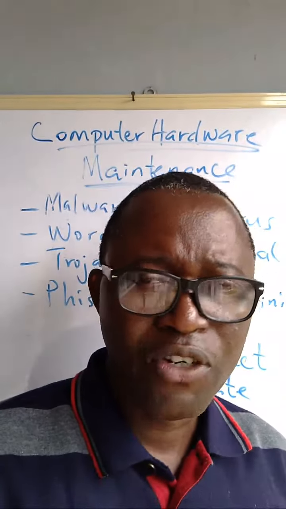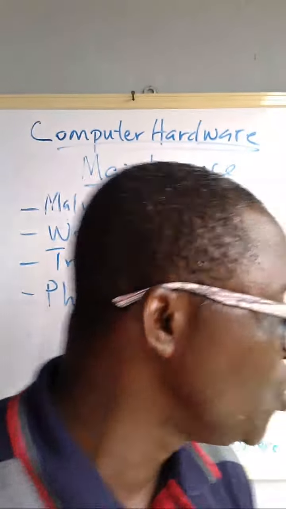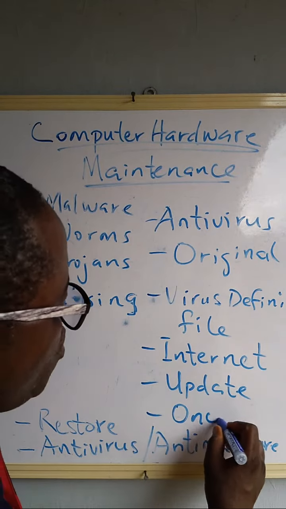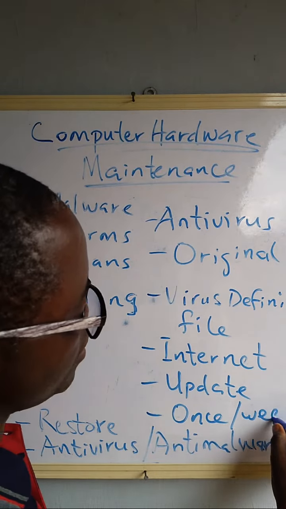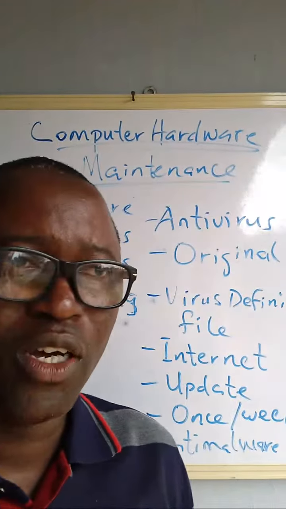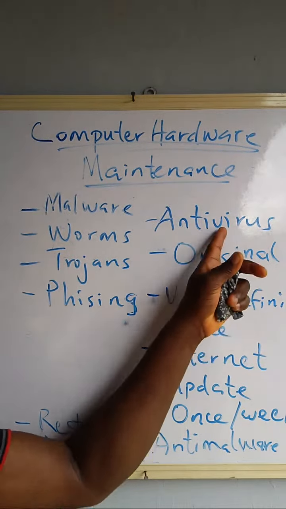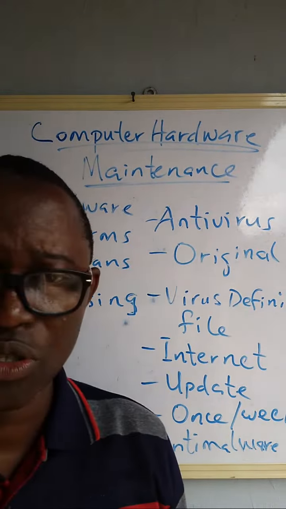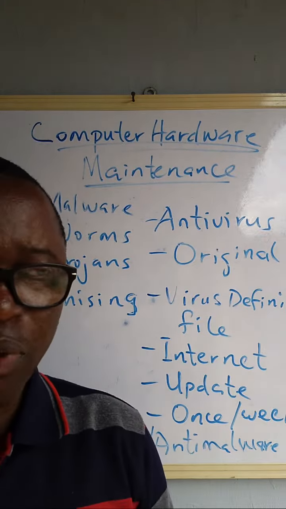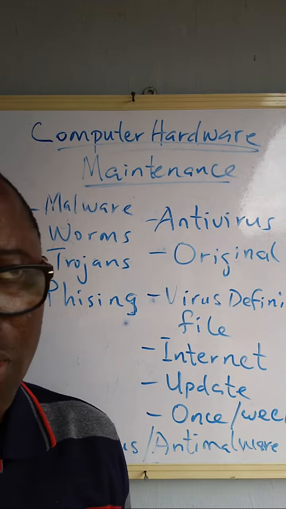Afterwards, even though the antivirus has been updated today and it is the original one, you need to keep on updating it once per week. That is the only way in which you can be sure that your original antivirus is actually working as it should. You must update it once per week. It means your internet connection must be good.